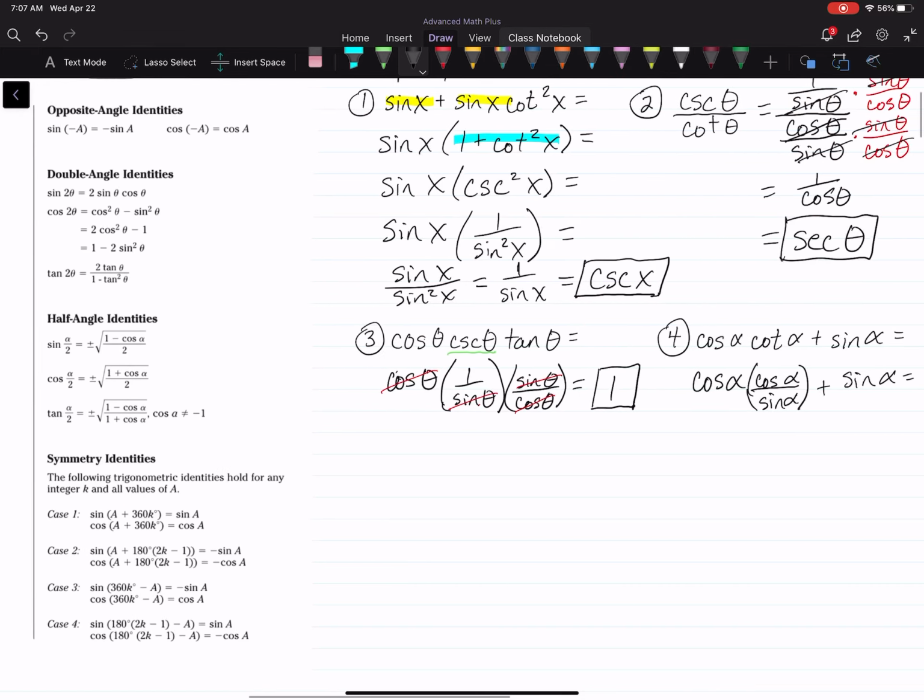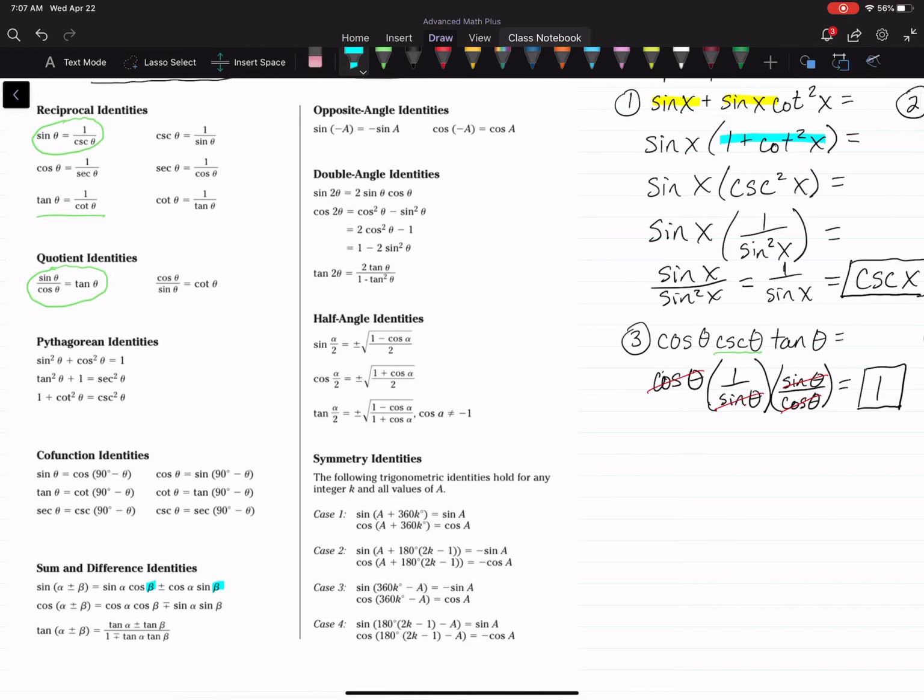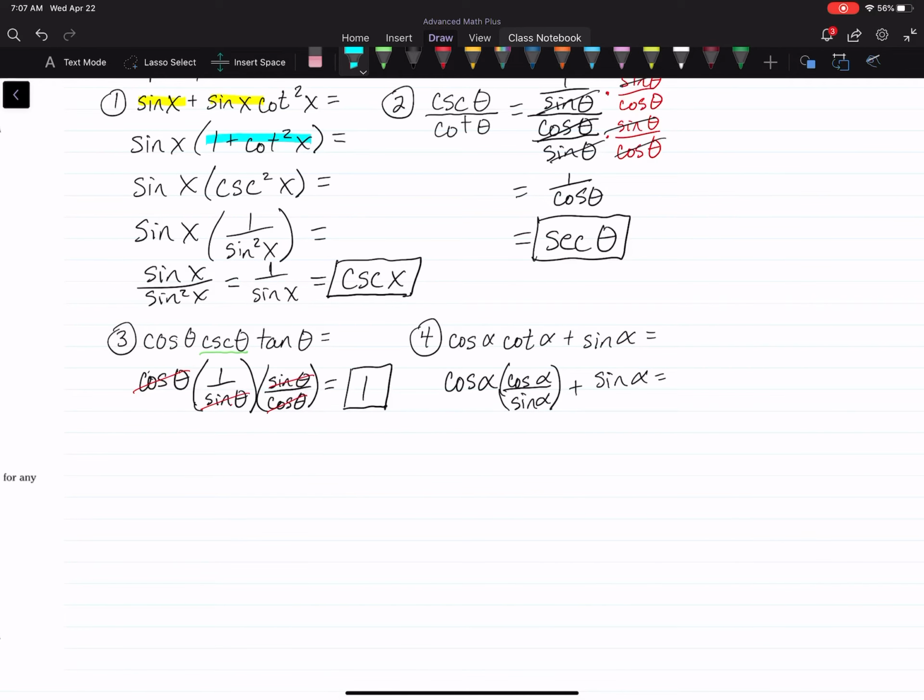And again, I'm using my quotient identity here. I'm changing cotangent theta to cosine over sine of theta. Over here, my variable is alpha, so I'm changing cotangent alpha to cosine alpha over sine of alpha.